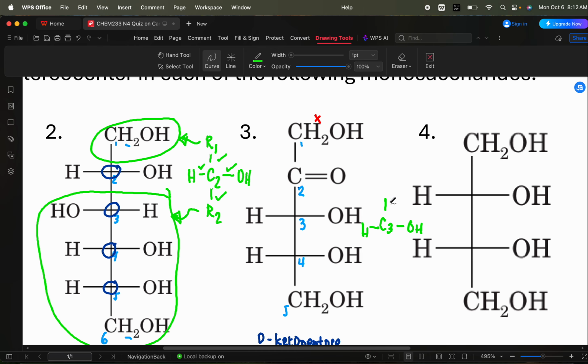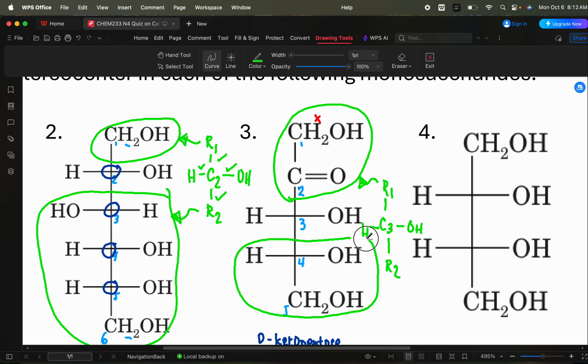The top portion is R1, and then you have R2, which is this whole thing here at the bottom.